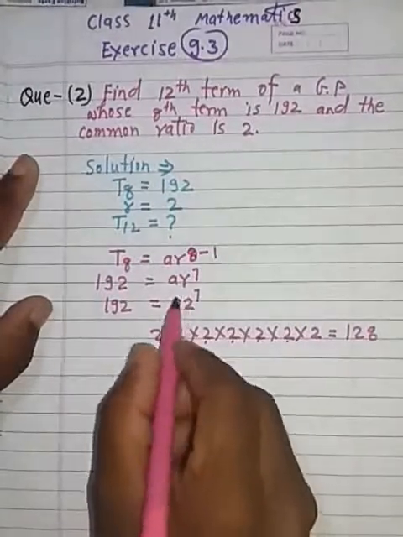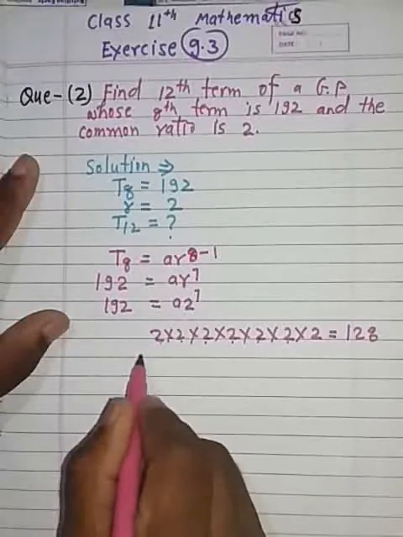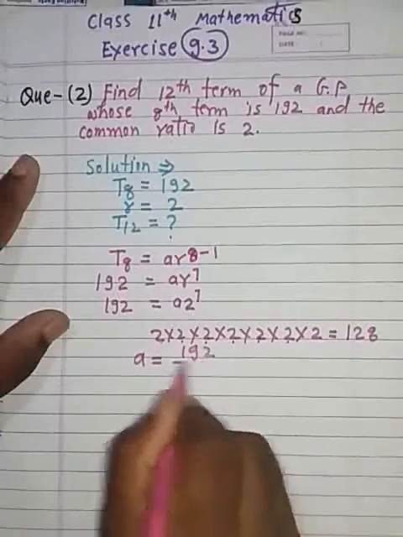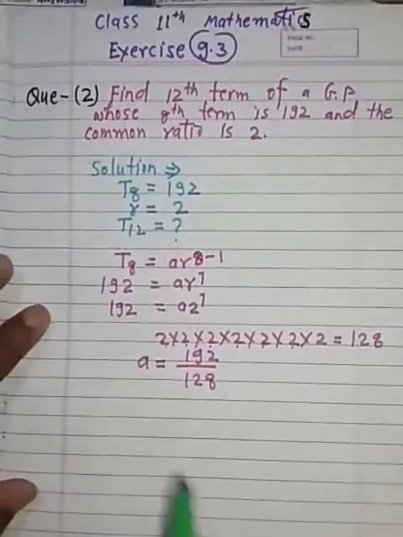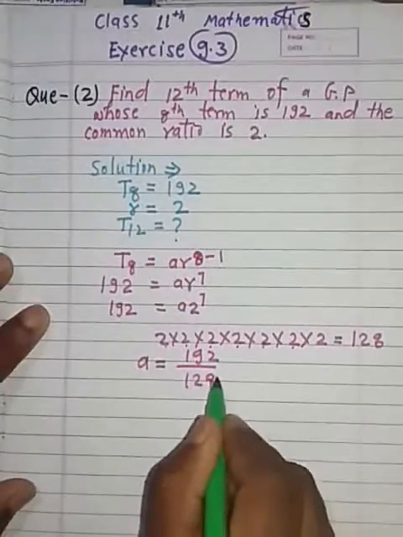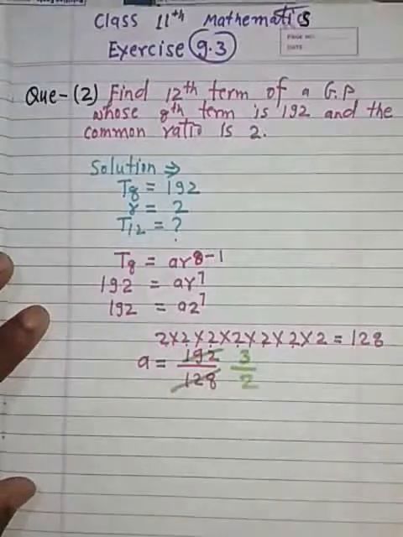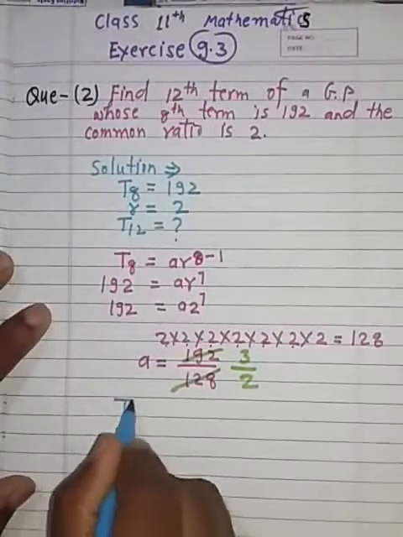So from here we will apply and find the value of A equal to 192 upon 128. We will cut this and we will get the value of A will be 3 upon 2. The value of A will be 3 upon 2, and we have to find T12th.